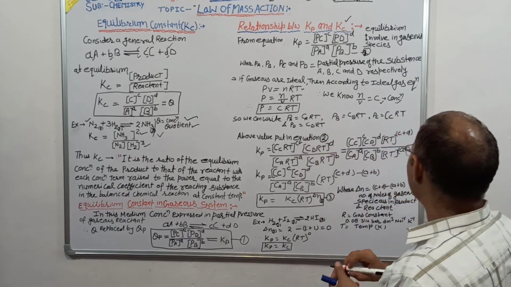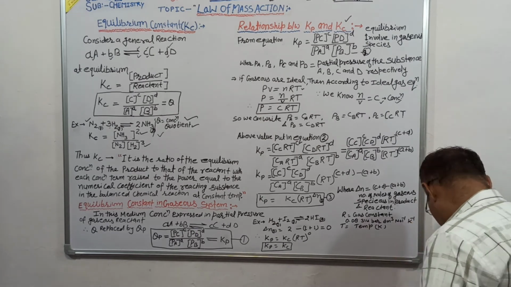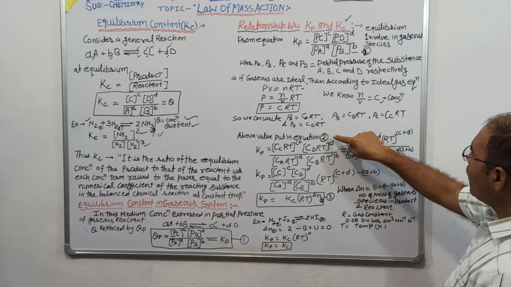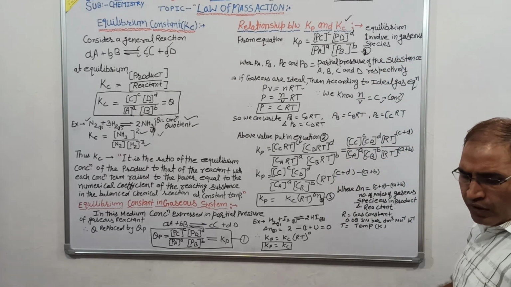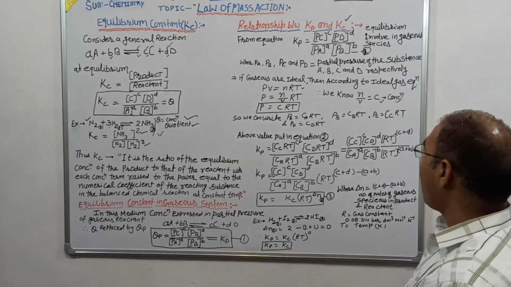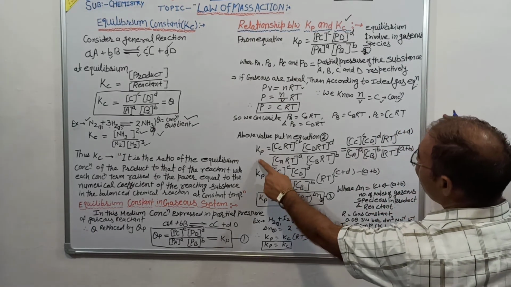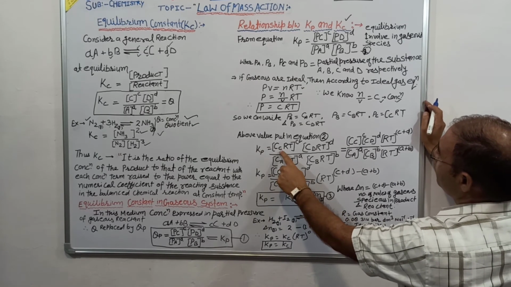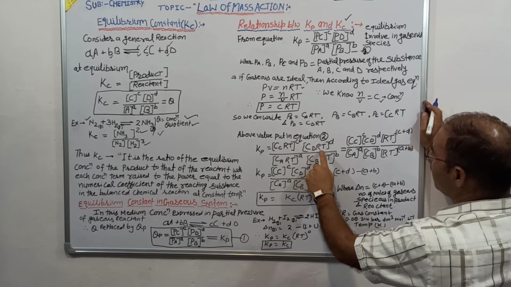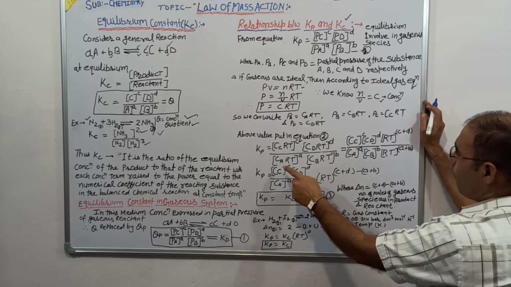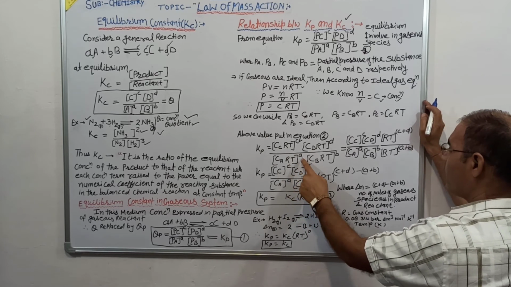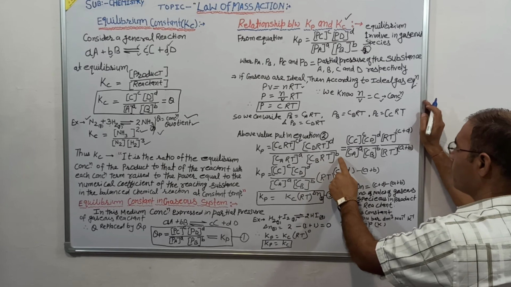Putting these values in equation 2, Kp is equal to (CcRT) to the power c times (CdRT) to the power d, upon (CaRT) to the power a and (CbRT) to the power b.